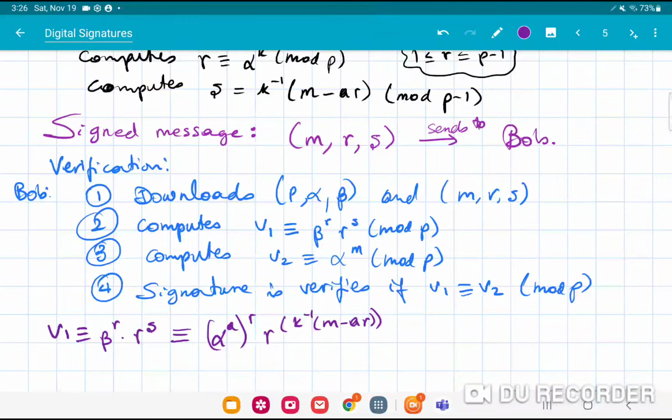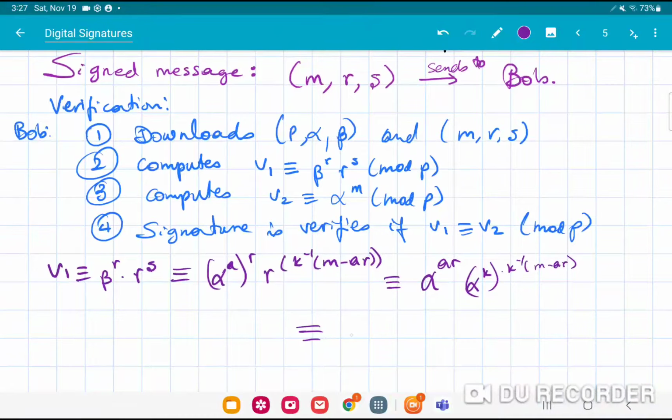So this is equal to alpha to the power of AR times R to the power of S, where R was alpha to the power of K, so alpha to the power of K times K inverse times (M minus AR). This equals alpha to the power of AR times alpha to the power of K K inverse (M minus AR).